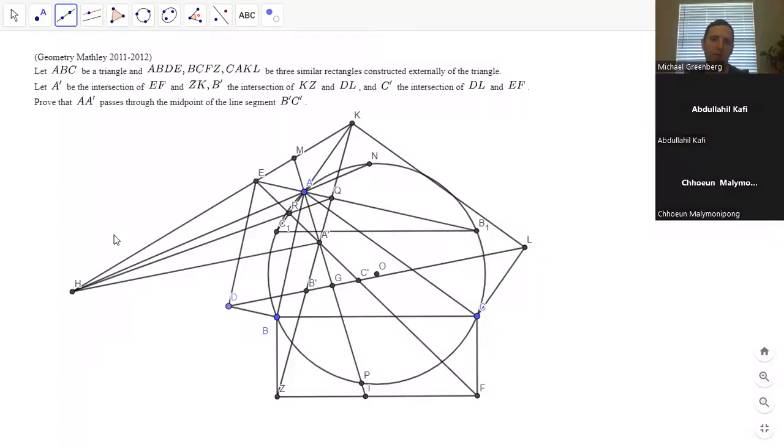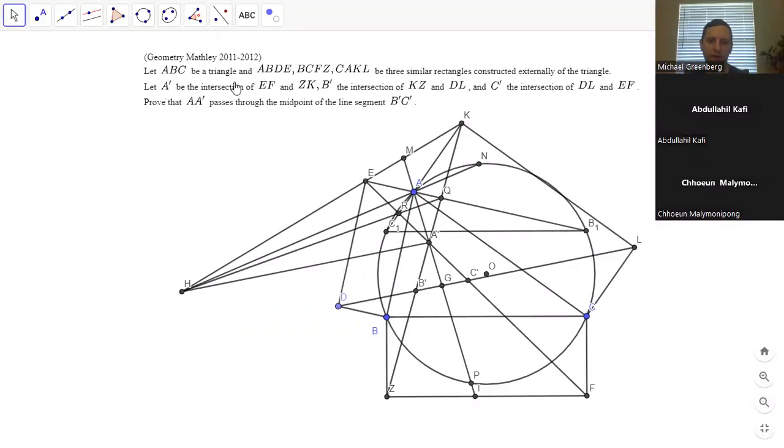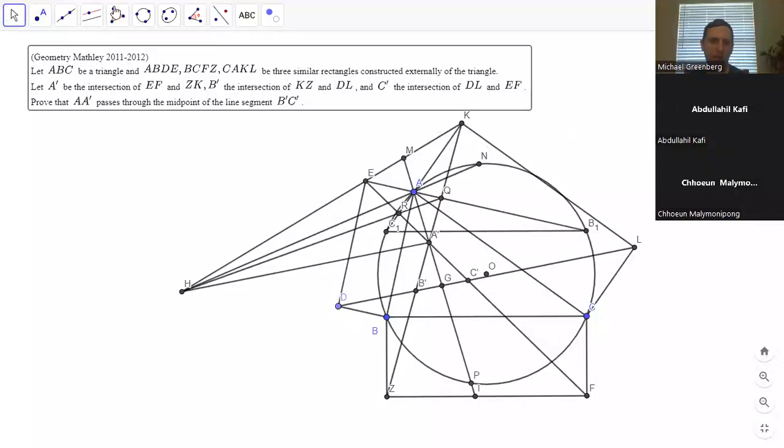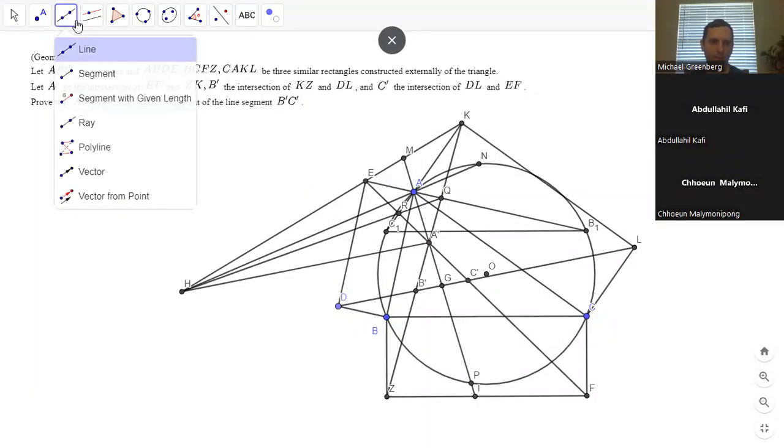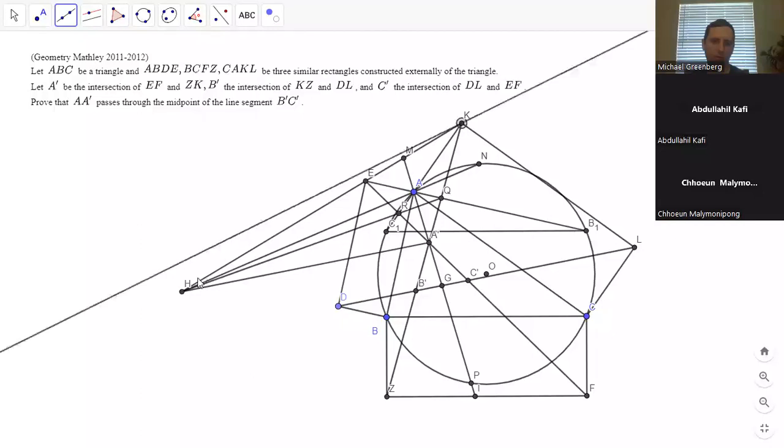Like maybe we could let both DL and HK intersect KE. We could try to show similar triangles.